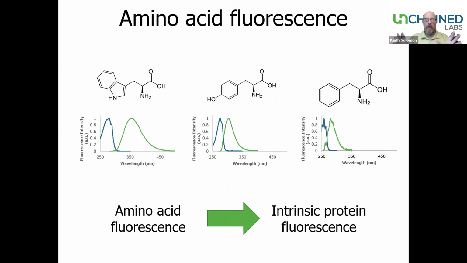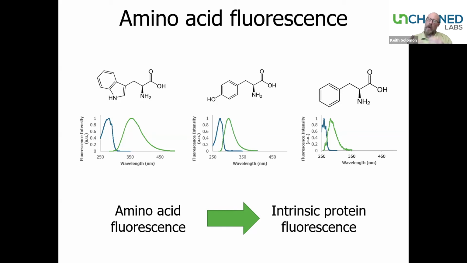With regards to the fluorescence emissions profile, these are all normalized so that the quantum yields appear very much the same. But you can see that for tryptophan residues, the fluorescence emission profile is centered a little bit to the right of 350. So that's a little less energy than the emission profiles from the other aromatic amino acids. On the other hand, tyrosine is centered closer to 300.